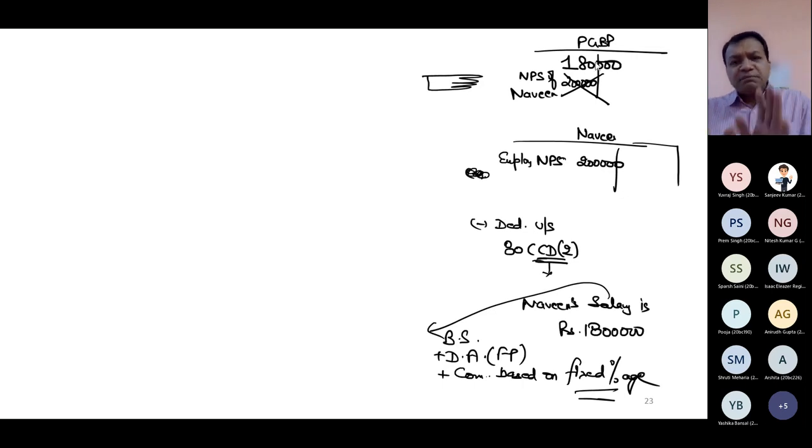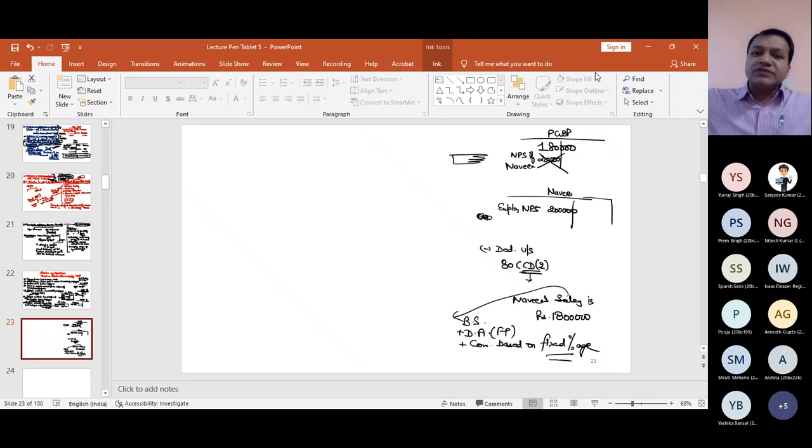You must remember that PGBP and salary are two different chapters. The rules which are applicable in salary cannot be applied in PGBP. PGBP goes separately, salary goes separately. PGBP is from the employer's point of view, salary is from the employee's point of view. Please raise your hand if the concept is a little bit clear.